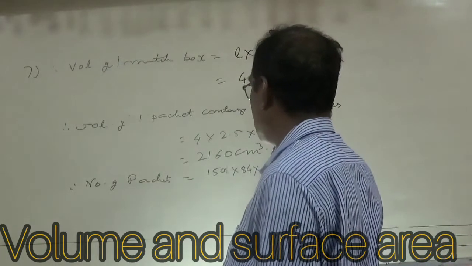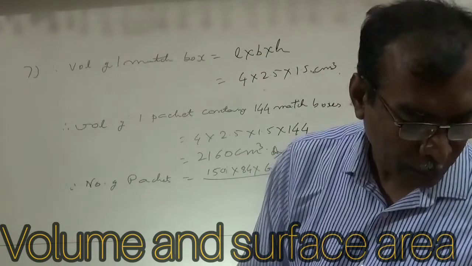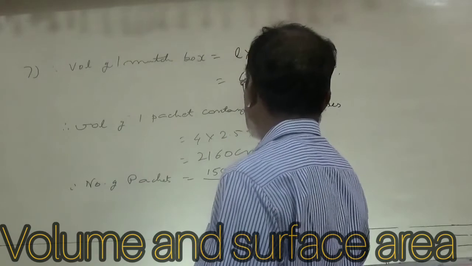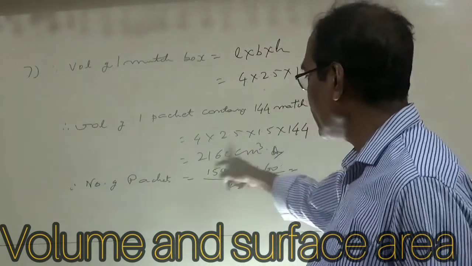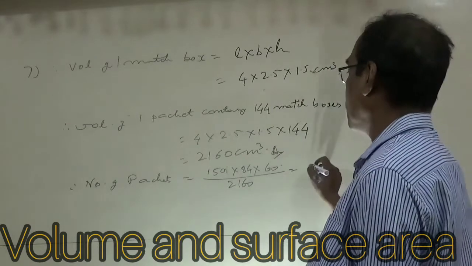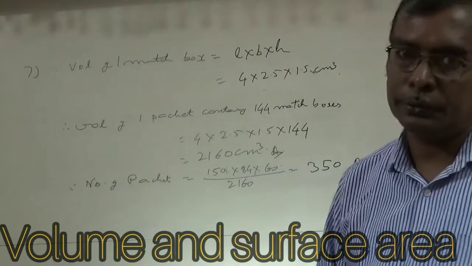This is the volume of that carton divided by the volume of one packet. The volume of one packet is 2160. If we take the calculations, after cancelling and all, I find it is coming as 350 packets. 350 packets will be contained in the carton.